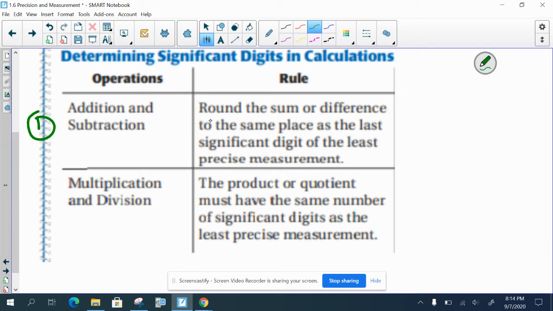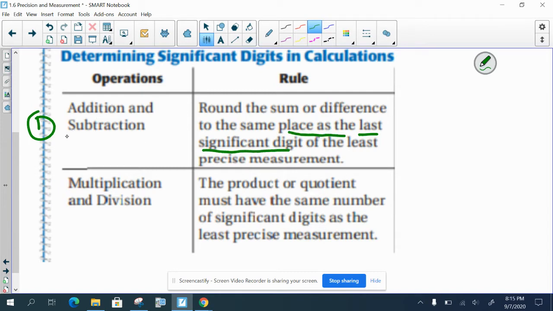So this rule states that you need to round the sum or difference, so just an addition or subtraction problem, to the same place as the last significant digit of the least precise measurement. So I know that's a mouthful, but the key phrases to note here are the last significant digit, so the place value.